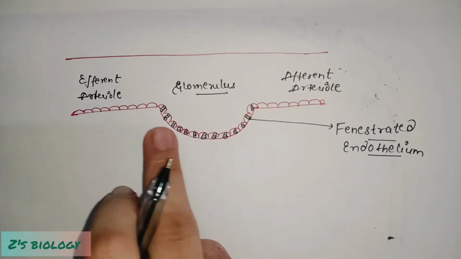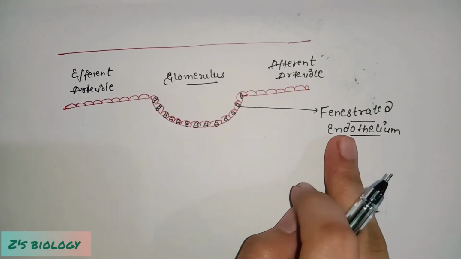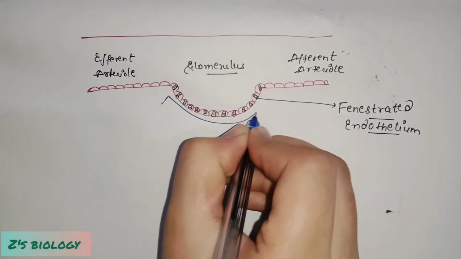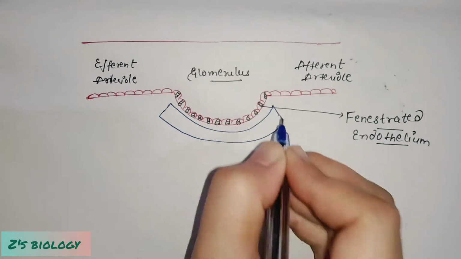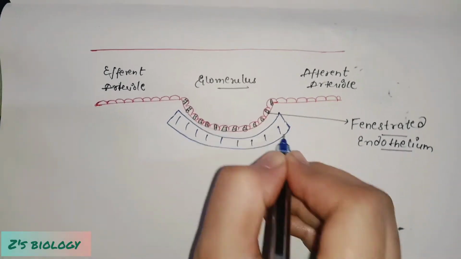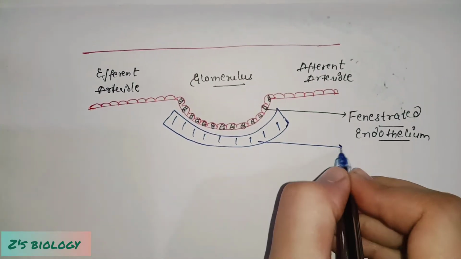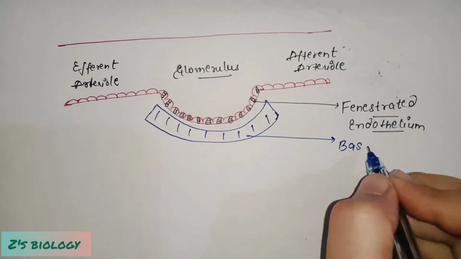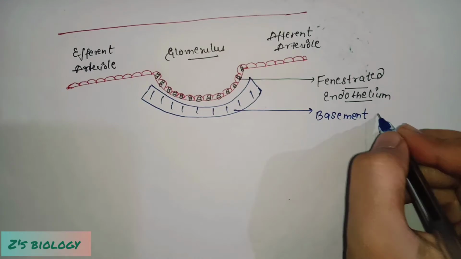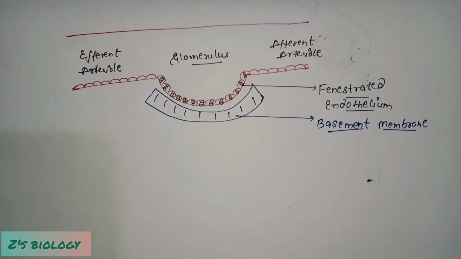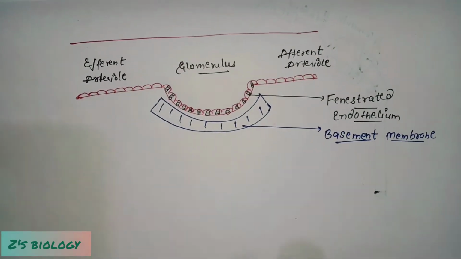So the glomerular capillary membrane is formed by a single layer of endothelial cells of the glomerulus. ठीक है, and then the basement membrane of the glomerular capillaries and the basement membrane of the visceral layer of Bowman's capsule, दोनों फ्यूज टुगेदर हो जाती हैं, and this fused basement membrane separates the endothelium of the glomerular capillary and the endothelium of the visceral layer. Okay, and this is known as the basement membrane.